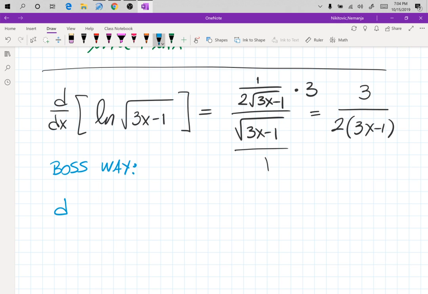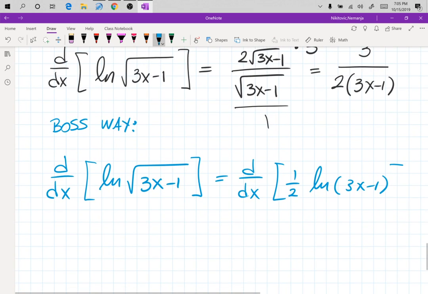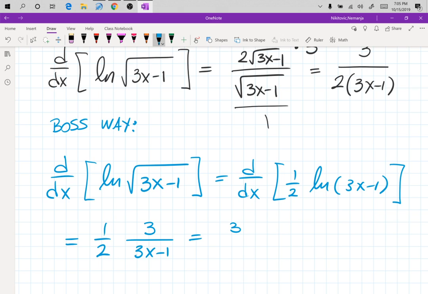Ready? So we have the square root of 3x minus 1. Isn't that square root a half exponent? Yeah, by the P rule, kick that outside, and you have 1/2 ln of 3x minus 1. So now you kick 1/2 outside. The derivative of ln 3x minus 1, you put 3x minus 1 on the bottom, its derivative on top, you're done.